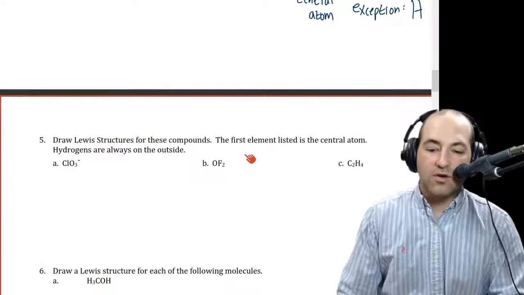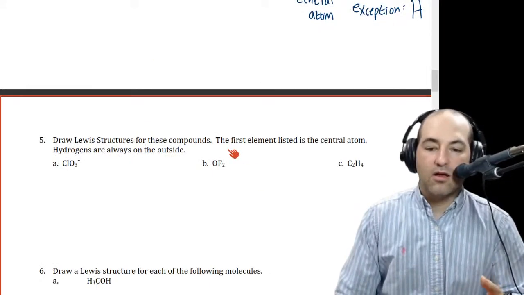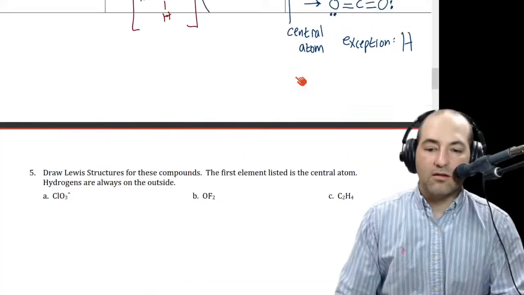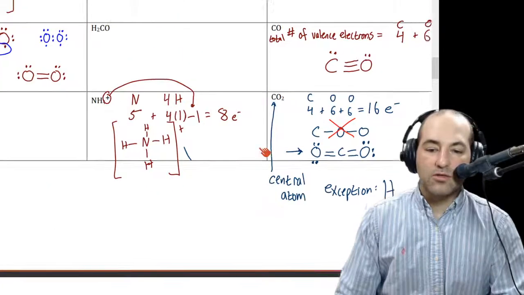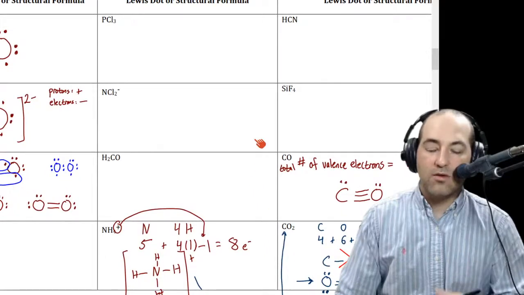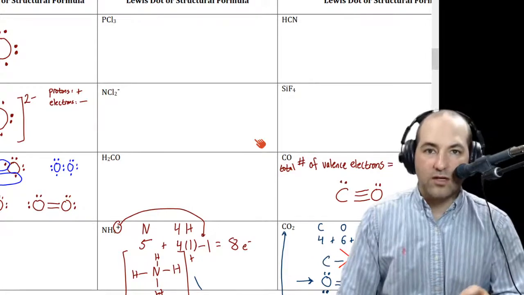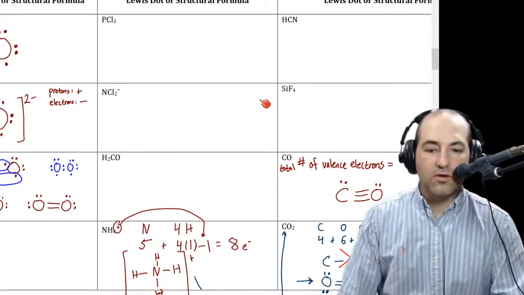If you can get it to work out where everything has 8 electrons, or 2 for hydrogen, then it's a reasonable structure. And at least for me, I would still give you credit, even if it's not exactly identical to the true, actual, real structure, if you get it to work.